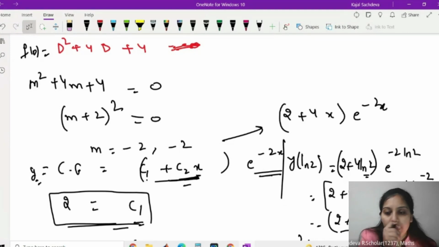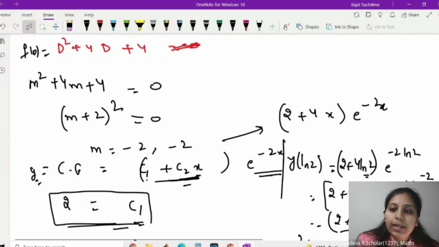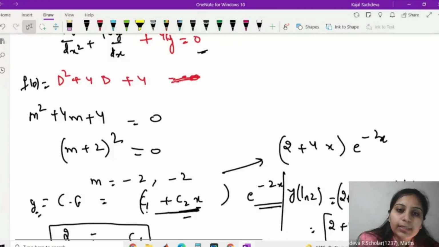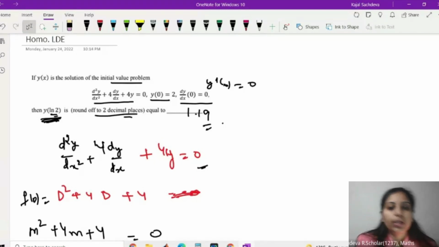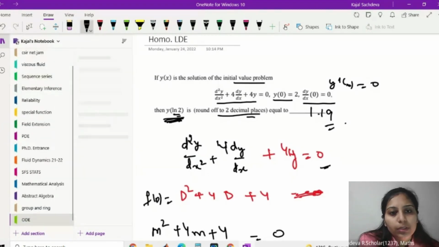So this will be your required answer. When we just find the log 2 value and put it here, the answer will be equal to 1.19. You can calculate it very easily. So this question is also a numerical answer type question.